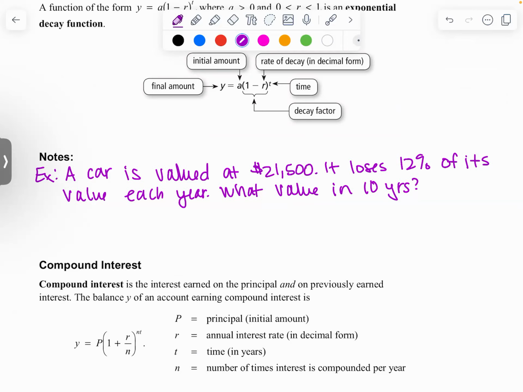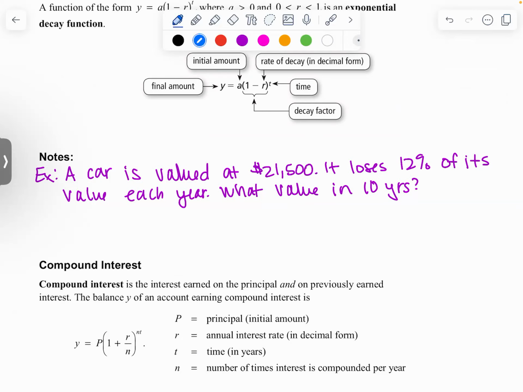That is 12%. Okay, so when we set this up, I'll give you a little bit of time, I know some of you are still writing. Do we put cents too? We have cents marked, put cents.